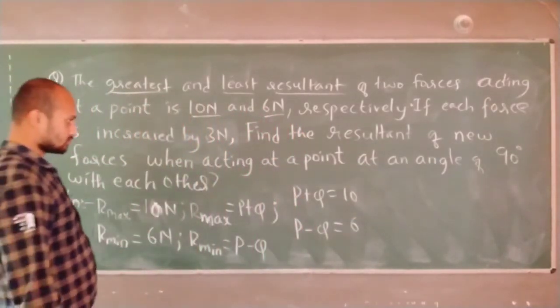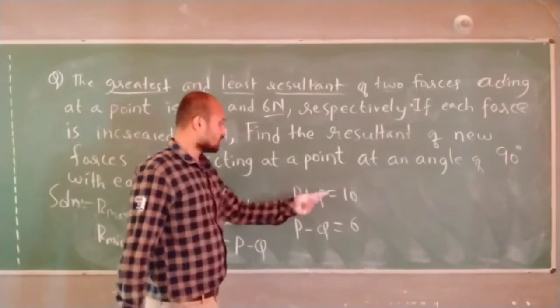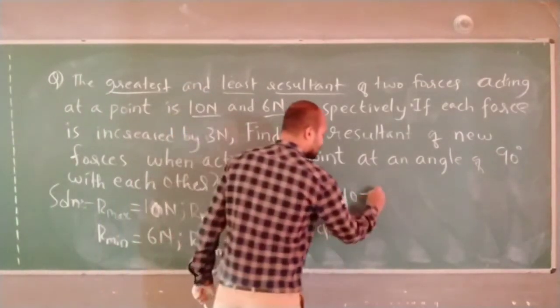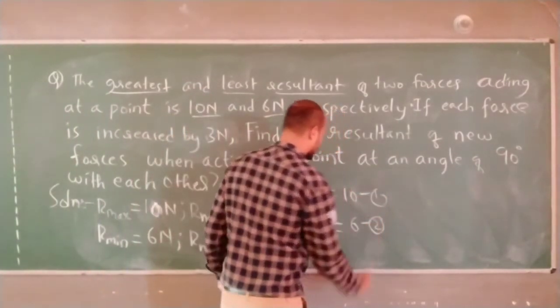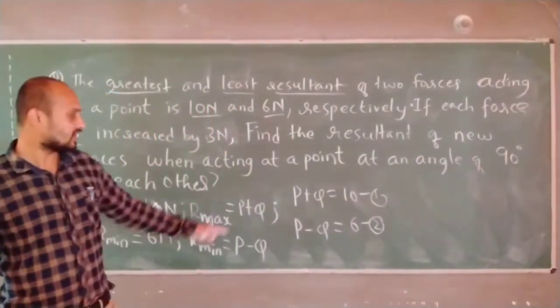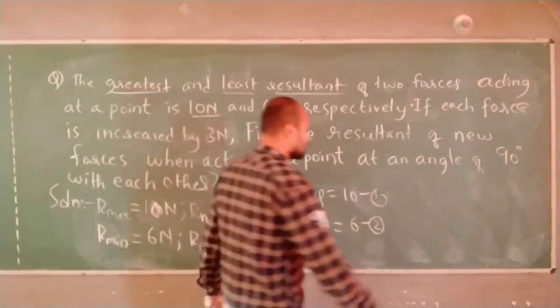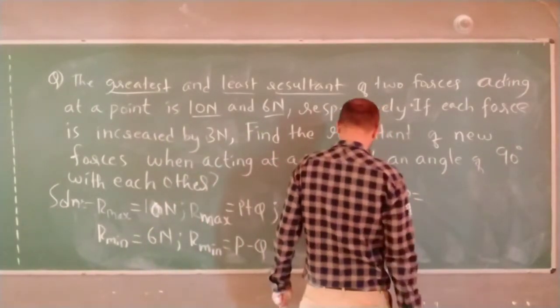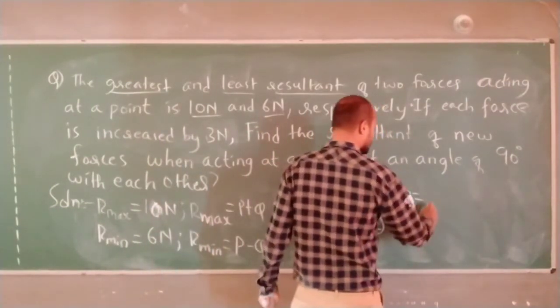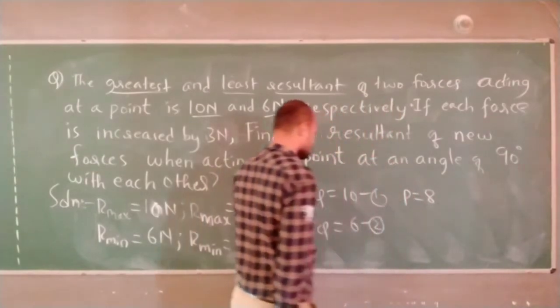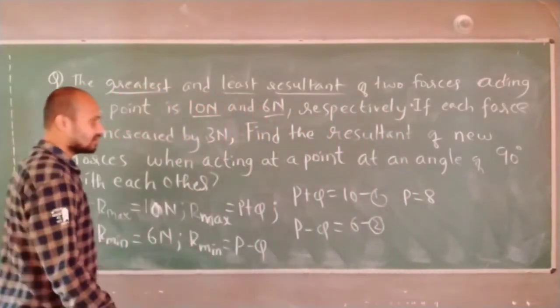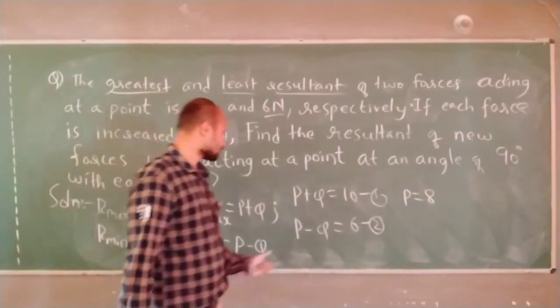So, now, if I take this as equation 1 and equation 2, from simultaneous equations, add them. 2P is equal to 16. So, P is equal to 16 by 2, that is 8. Correct? P is equal to 8.